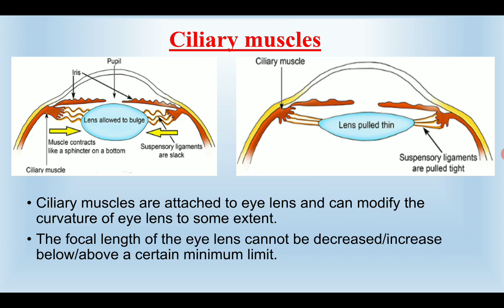Now, after discussing the ciliary muscles, as they are attached to the lens, let us discuss this eye lens. It is a crystalline lens, crystal clear so that light can easily enter through it and form the image at the retina.